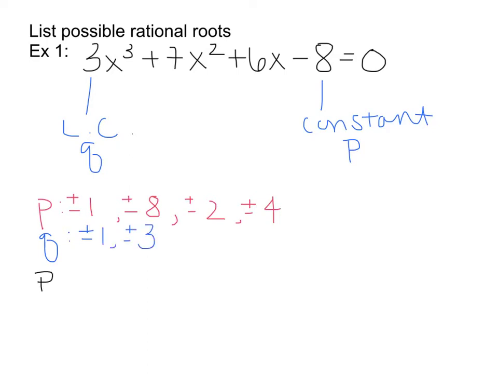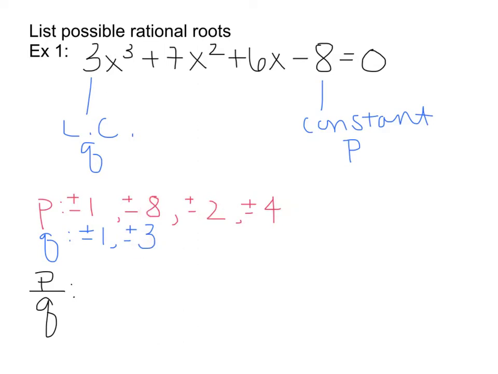So now when we do our p divided by q, I would start with the first term and divide it by the first term. And then move along in the p's and keep the q value the same, just so that way you don't make a mistake. And then you're going to go back all the way to the beginning and then do it all over again with the second q value, okay?